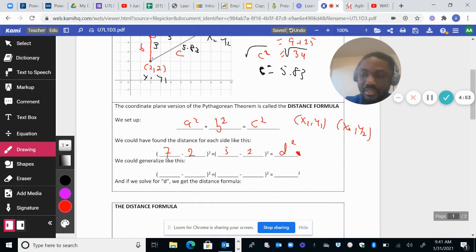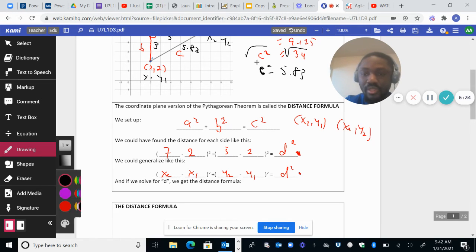The formula generally says, so we could generalize like this. Our A here, A squared, will be 7 minus 2 squared, that is x2 minus x1, and then my B here will just be 5 minus 2, that is the difference of the y component, and which will be equal to d squared, and d squared is the C. So in general, we say x2 minus x1 squared, plus y2 minus y1 squared, equals d squared.